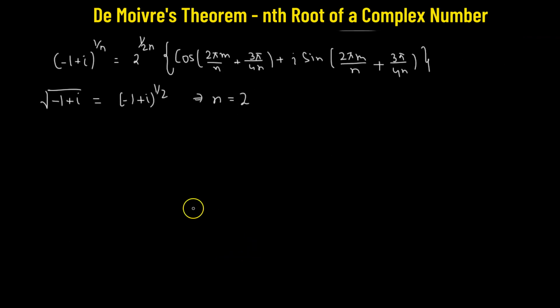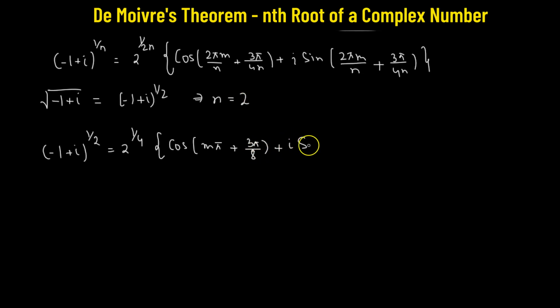That means we can rewrite our given expression as negative 1 plus iota whole raised to the power of 1 half equals 2 raised to the power of 1 over 4 multiplied to cosine of 2 pi m divided by n, so this is simply m pi, plus 3 pi divided by 4 times 2, which is 8, plus iota times sine of m pi plus 3 pi over 8.